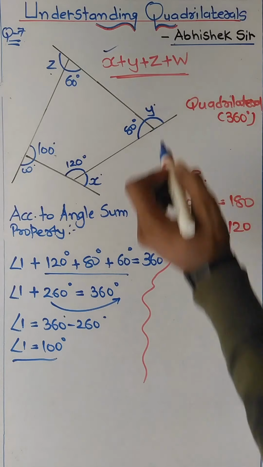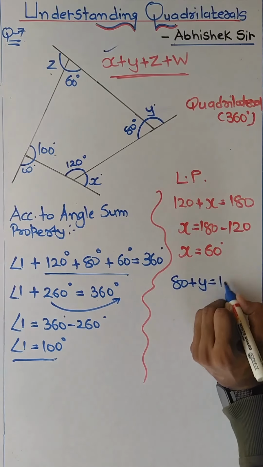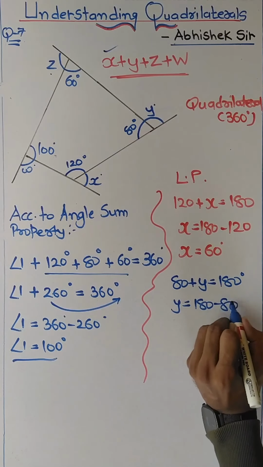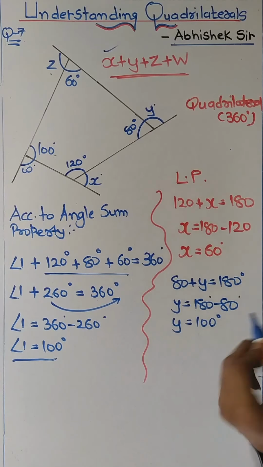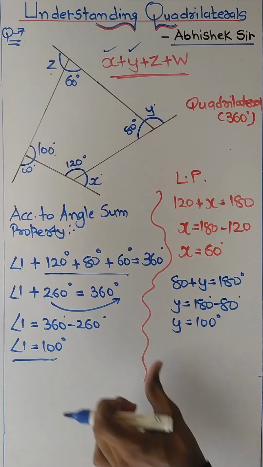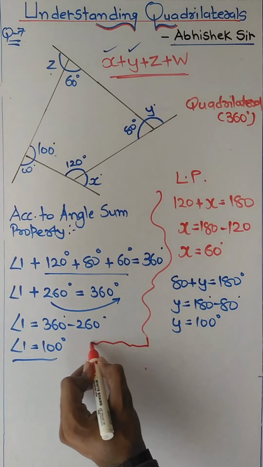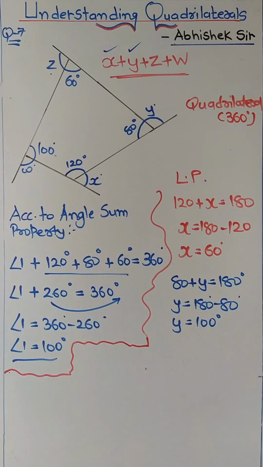Now let us go for y. That is 80 plus y equals 180. So y is 180 minus 80, and y is 100. So we have got our second answer, that is y. Let us try for z. I am making space so that we are easily able to do the calculation part.